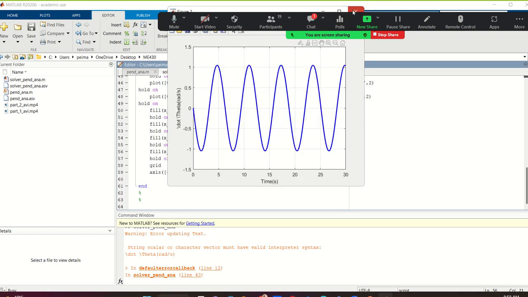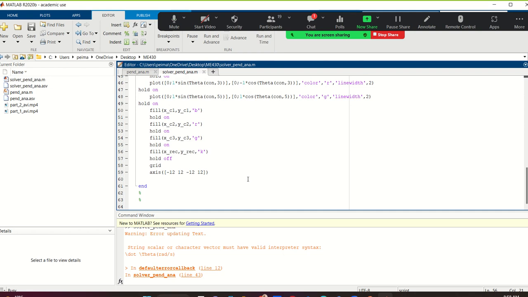So now you can add a text here. Hold on, text. What's text? You have to give a coordinate to the text. I don't know, 6 and 10.